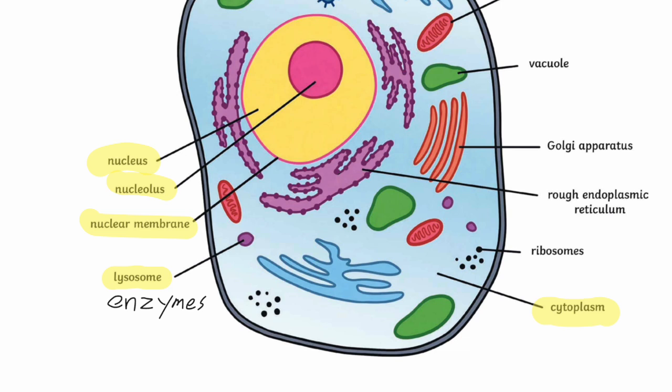Now, cytoplasm, we've gone through this. Ribosomes, okay. Those are the things that were produced in the nucleolus by the rRNA. So what do ribosomes do? Ribosomes are used to synthesize protein.